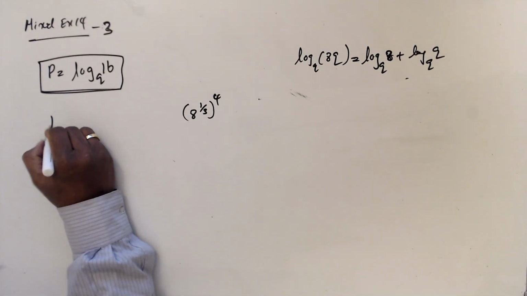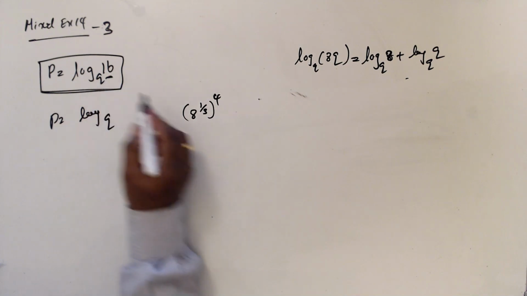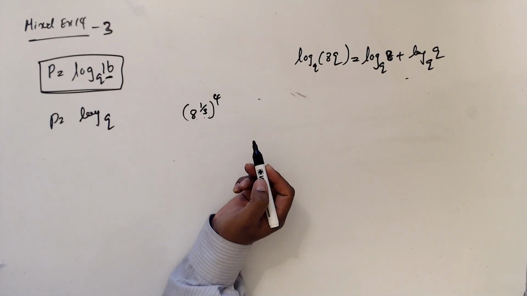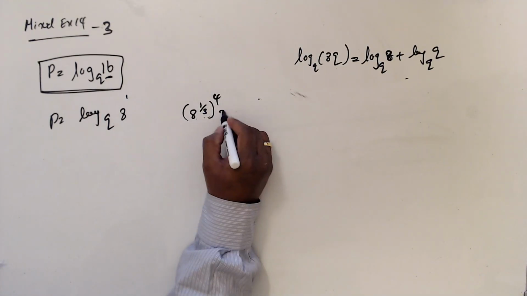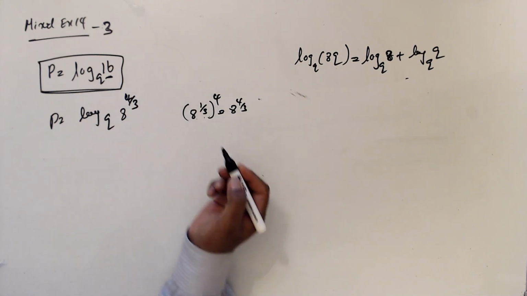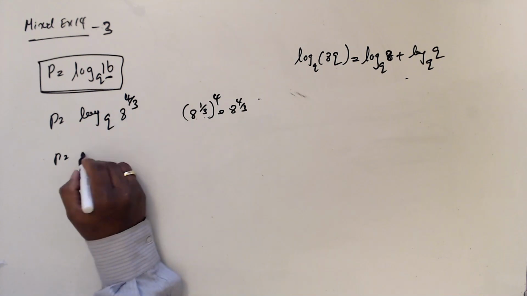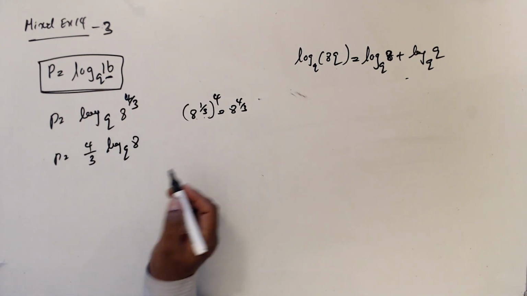Then p equals log q to the power, instead of 16, I can write, when you simplify, you will get 16 here. 8, 1, so this is going to be 8 to the power 4 over 3. When I expand, 4 over 3. Now this is going to be p equals 4 over 3 log q to the base 8.